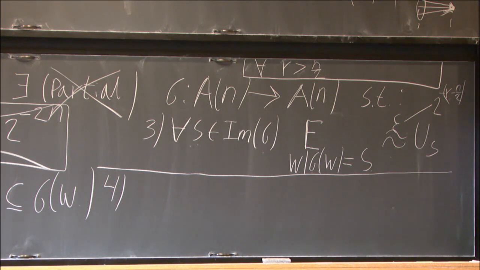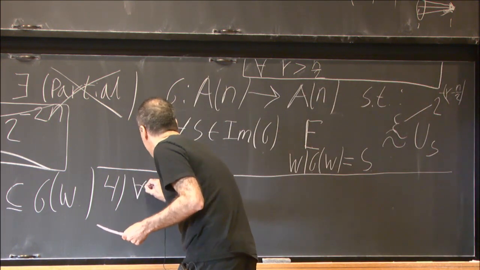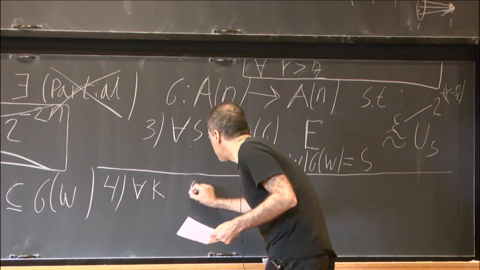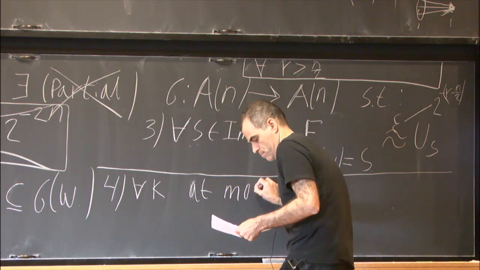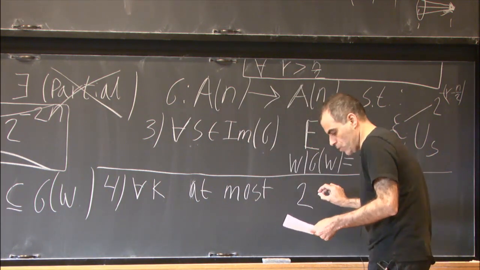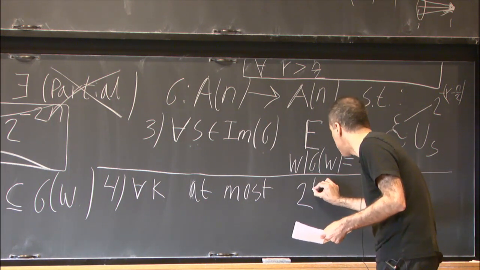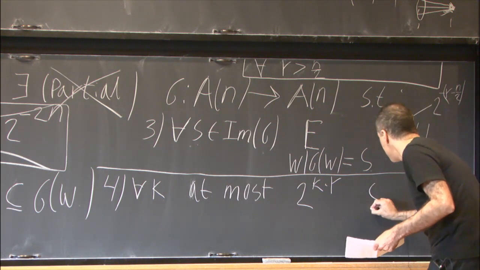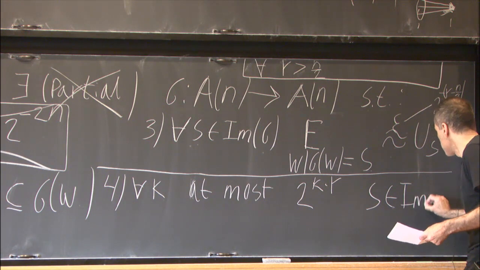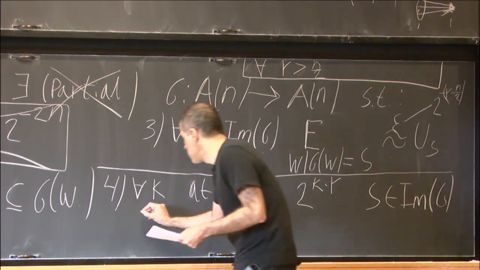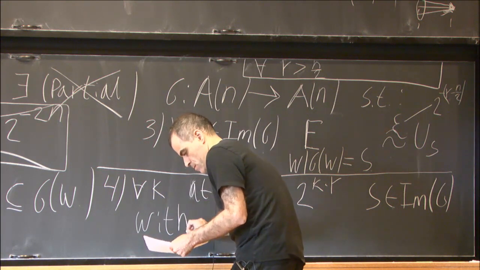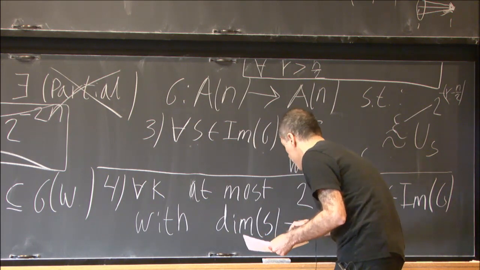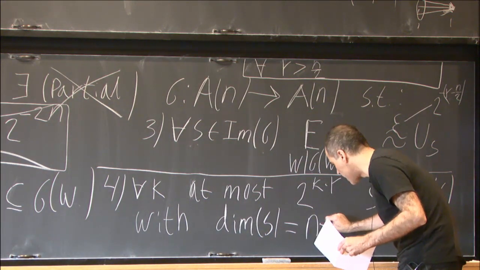And the fourth condition will be that for any k, there are at most 2 to the k times R elements S in the image of sigma with dimension n minus k.